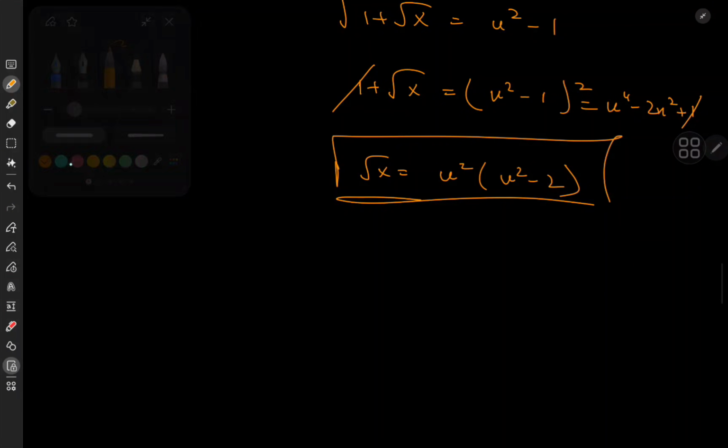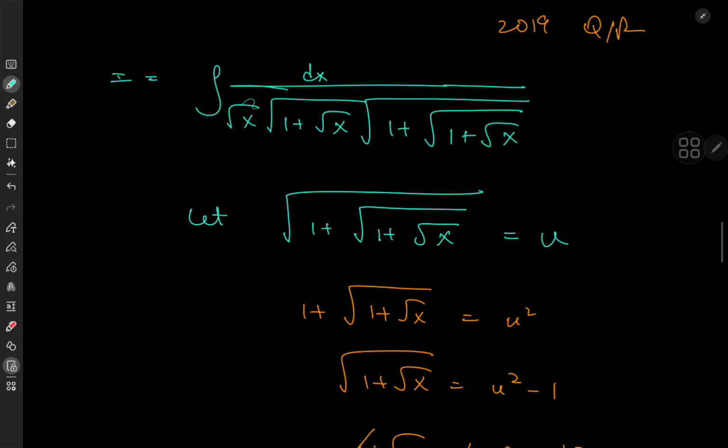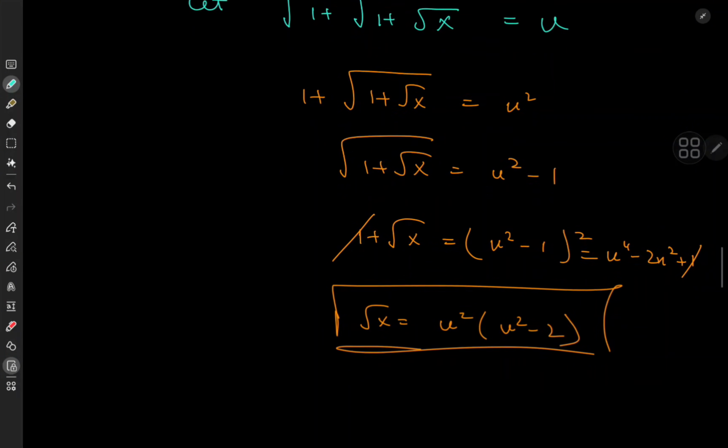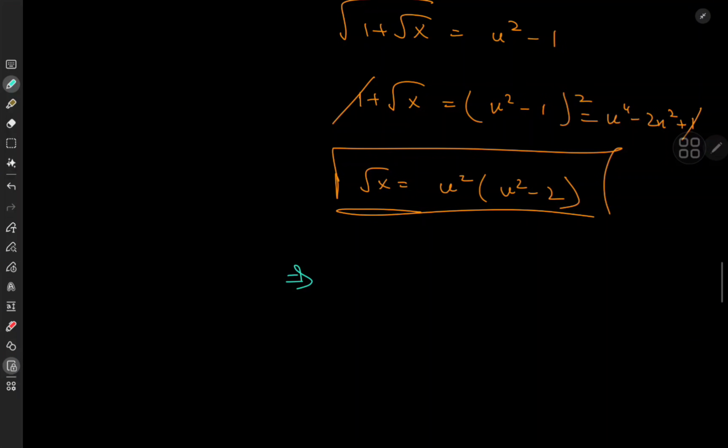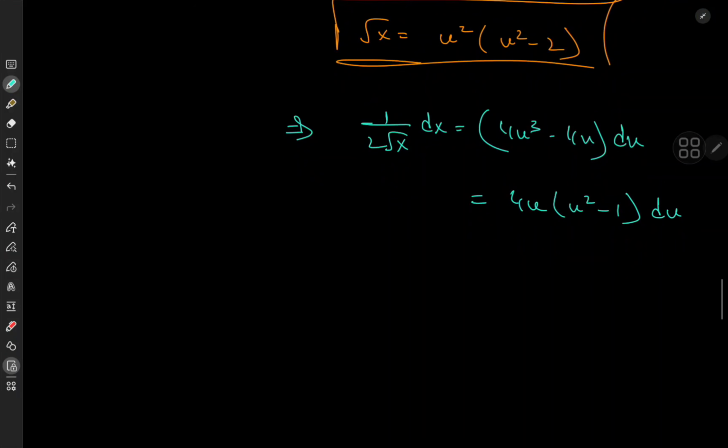And like I said, I'm only going to go up to root x, because if I differentiate root x, then I have 1 over 2 root x, and that's something that I already have in the denominator, so that is pretty useful. So this implies that 1 over 2 root x dx is equal to 4u cubed minus 4u, so that means 4u du, I keep forgetting the differential element, and now we have 4u factored out, and we have a u squared term minus a 1 term du, and this is going to be extremely satisfying.